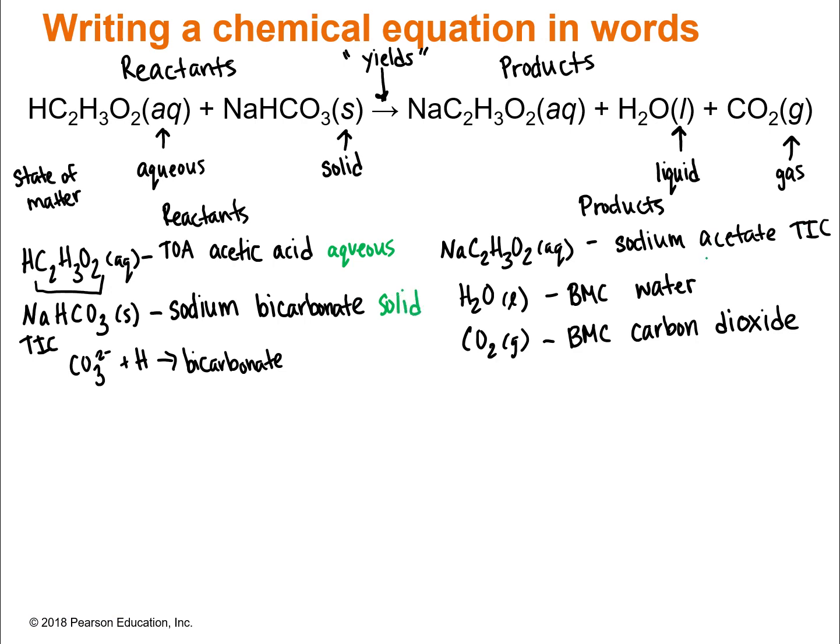Sodium acetate, aqueous. Water is a liquid. Carbon dioxide is a gas. Now we have to write this as a sentence. We're going to talk about the reactants first, and then we're going to say something like are combined or yields, something like that, and then talk about the products.